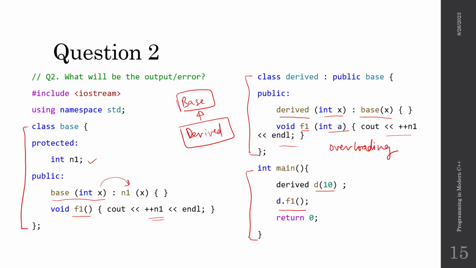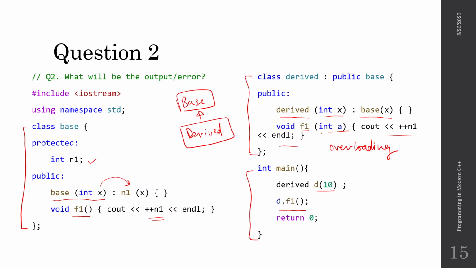The correct answer here is that there will be an error, and it is a bit of a weird reason. There is not a lot of logic to it. We are calling d dot f1 without any arguments, so it does not match the f1 function signature in the derived class.